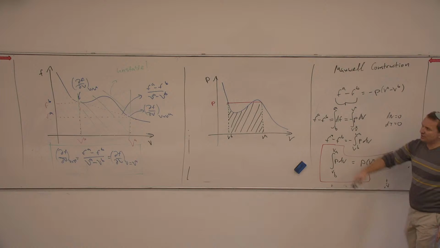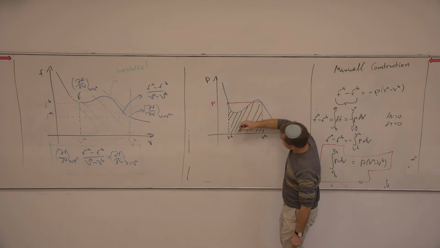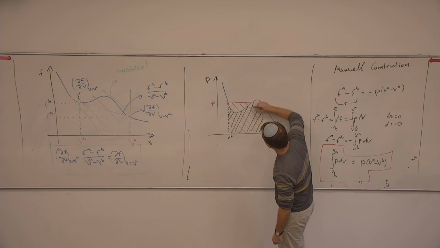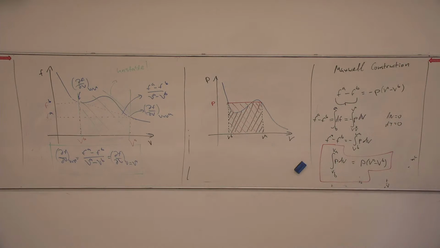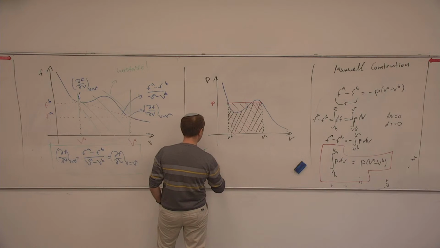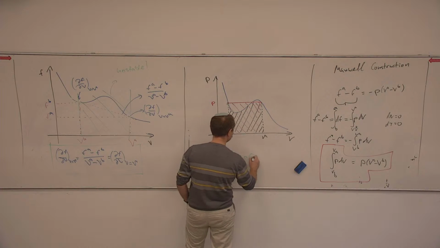You calculate the area of the rectangle that is plotted over here. So the Maxwell construction tells us that there is equivalence of areas.